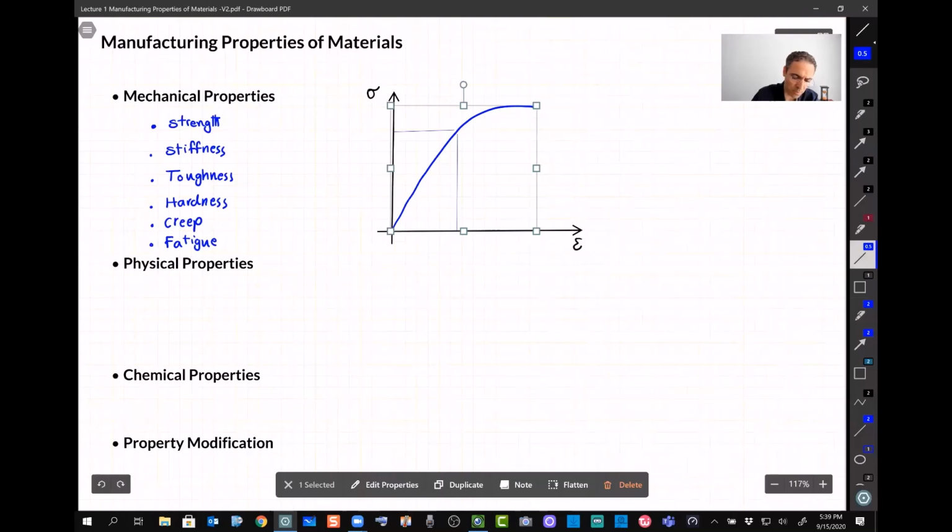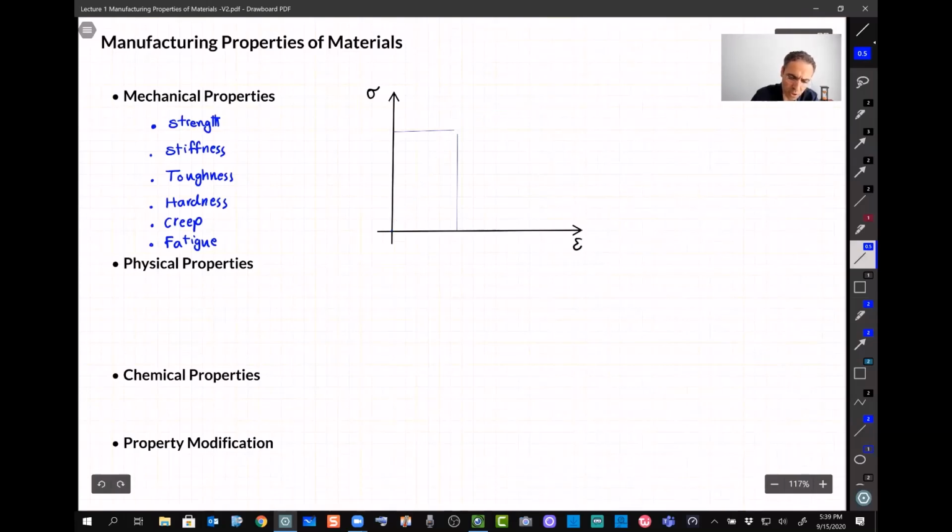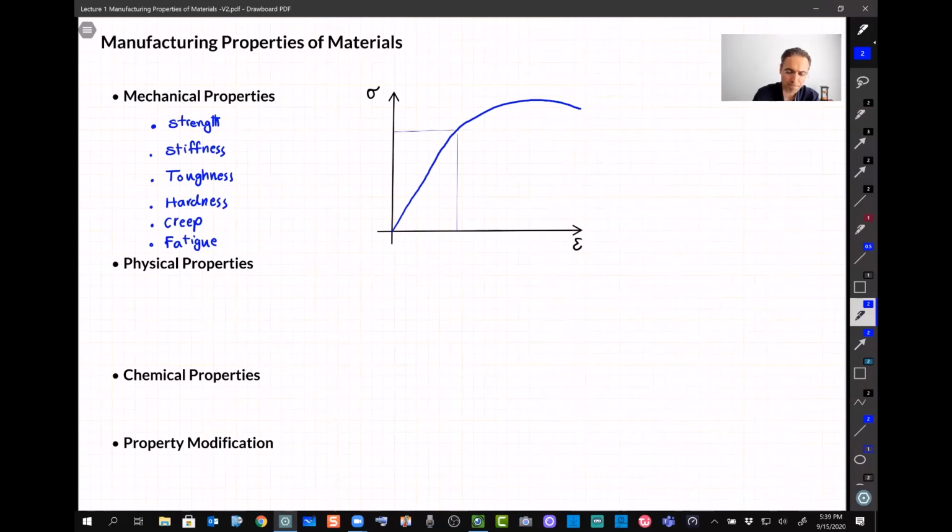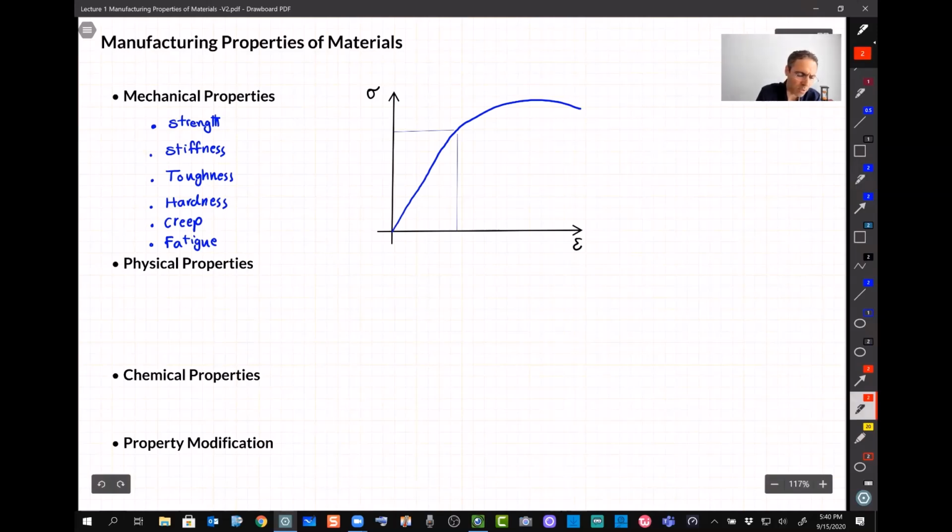On this graph, we call this point SY, or the yielding strength of the material.